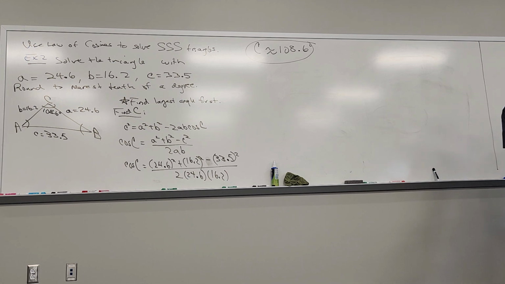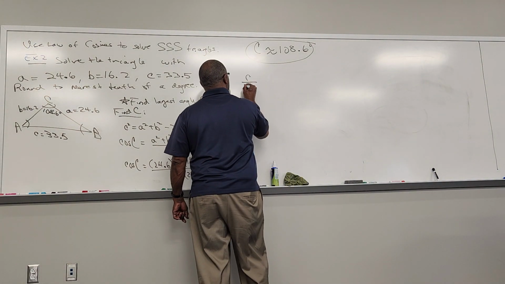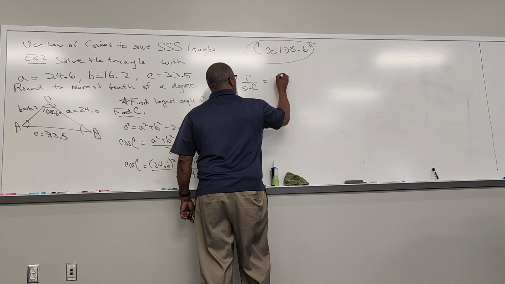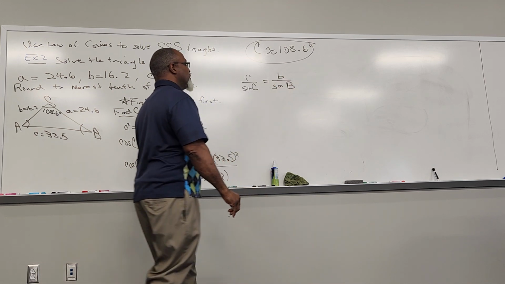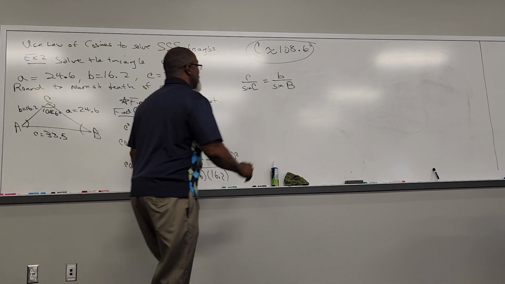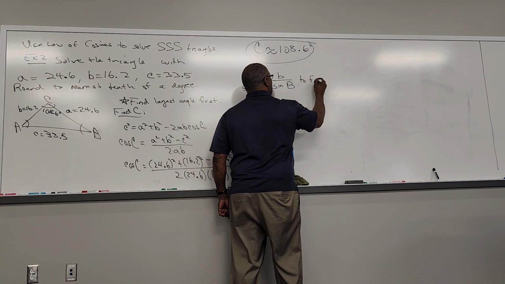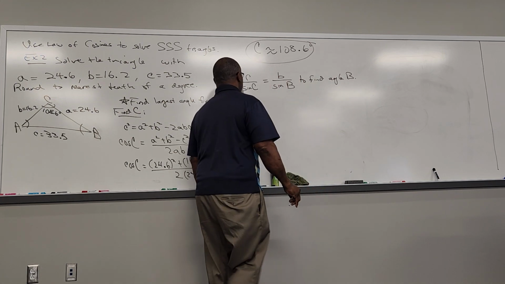It's simple. So c over sine C equals b over sine B. I'm going to use that version of the law of sines, and I'm going to find angle B. Okay?